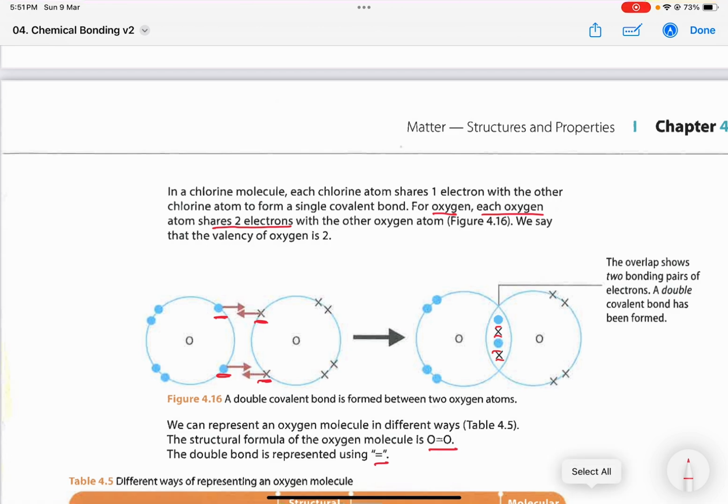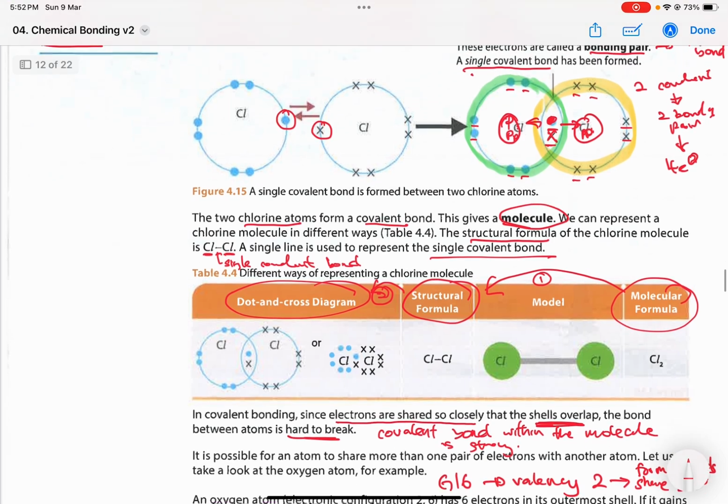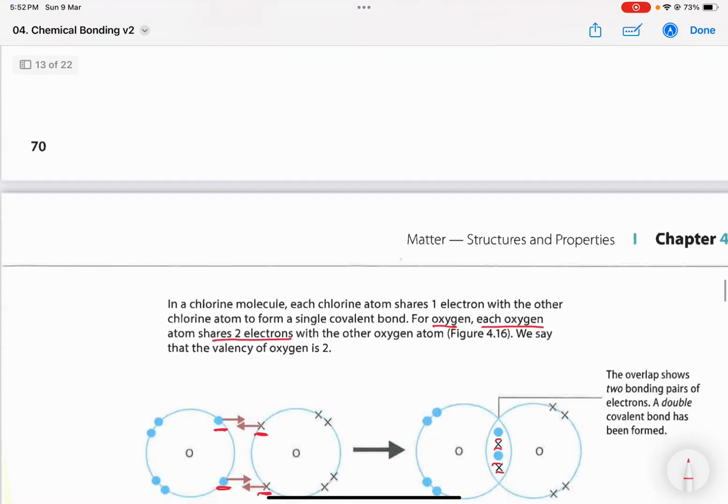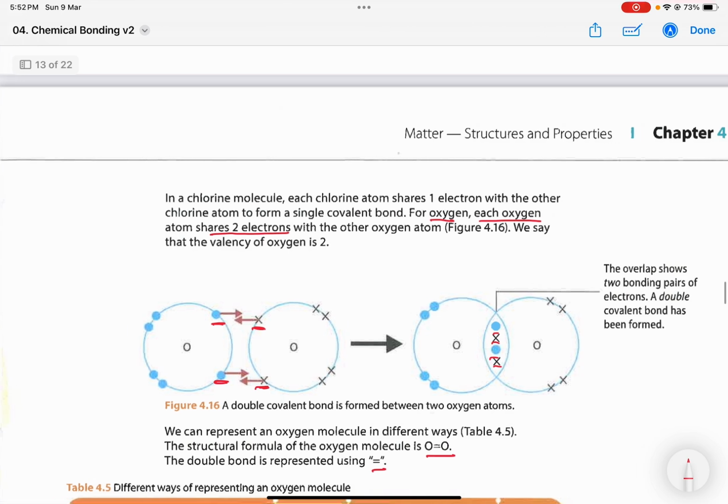Now you are saying, you mentioned molecular formula, structural formula, dot and cross. How do you actually do it? Because I don't see it happening here. So now let me show you how I go about doing it. I will start off with the molecular formula, which we know is O2. O2, what does it mean? Now I'm going to go to the structural formula.